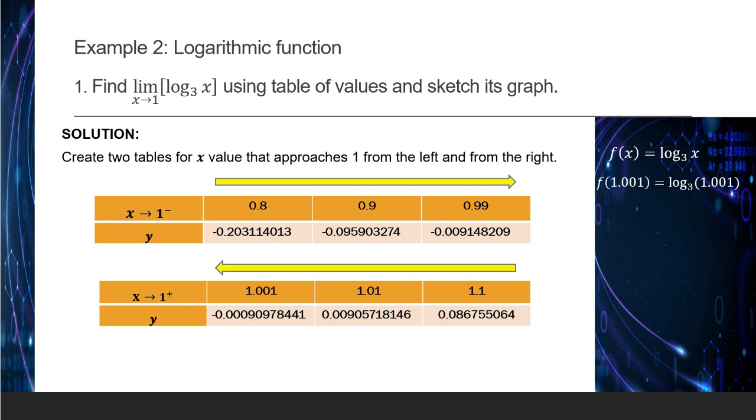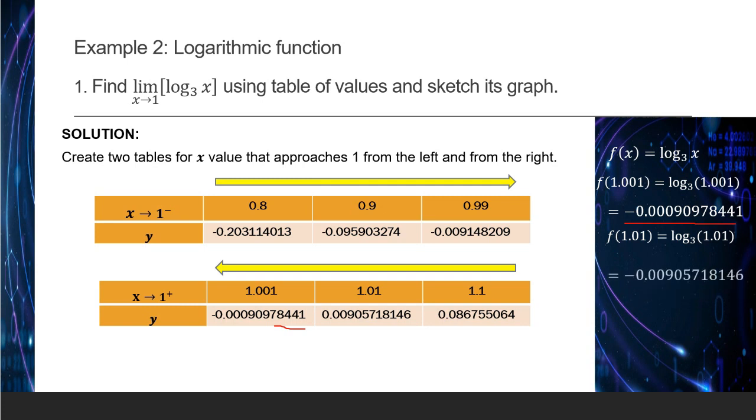So we have f of 1.001 is equal to logarithm of 1.001 to the base 3. And by the use of our calculator, we can get 0.00909784441.